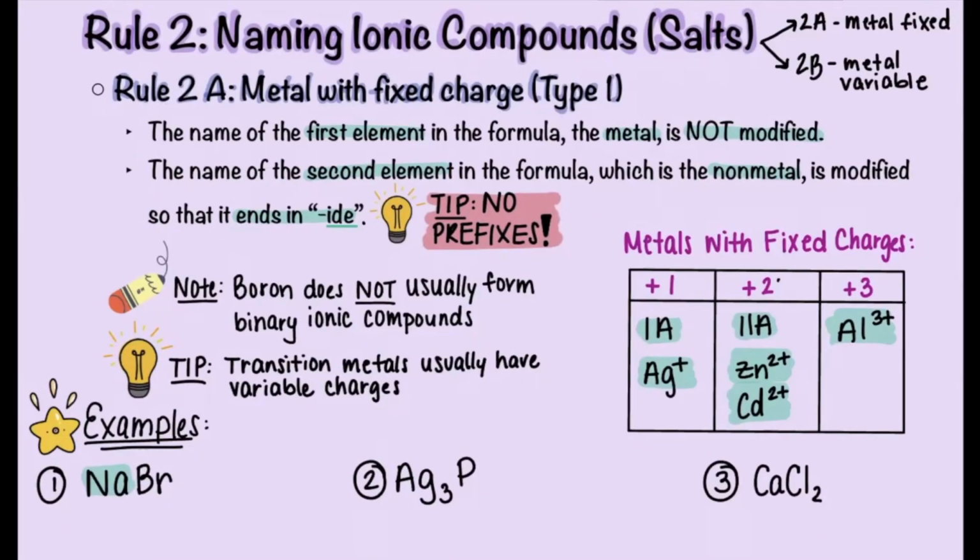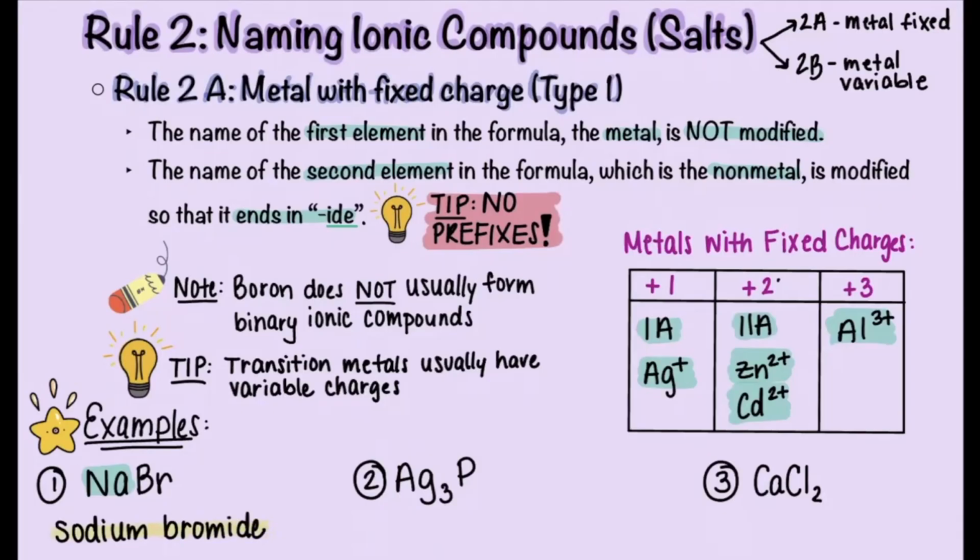So the metal has a fixed charge of +1, meaning we are going to use Rule 2A. And I promise you'll see in a minute why I tackle it in this way. Now the second element is bromine. So we drop the ending and it becomes bromide. And again, there are no prefixes used in Rule 2. So putting it together, we get sodium bromide.